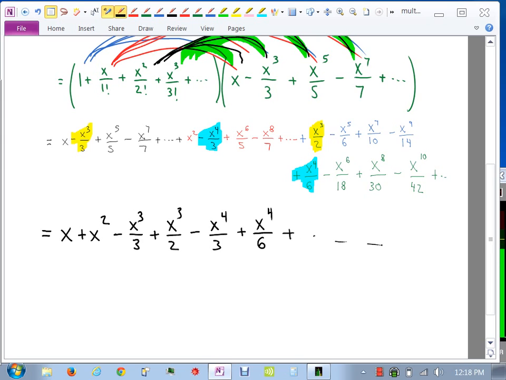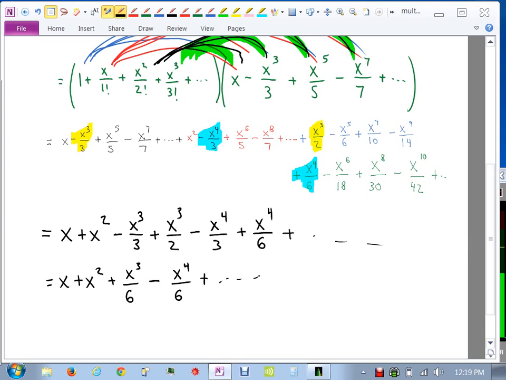And then I'm just going to go plus dot, dot, dot, because that's going to give me the first 4 terms, right? Okay, so we get x plus x squared. What did we say this was? Plus x to the 3rd over 6, and then minus x to the 4th over 6, plus forever. Those are the first 4 terms.